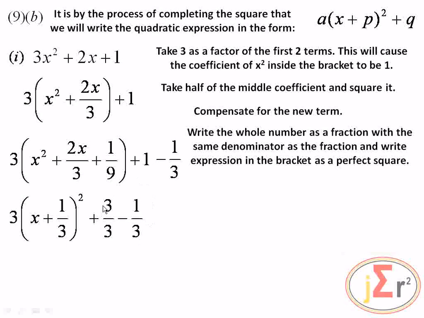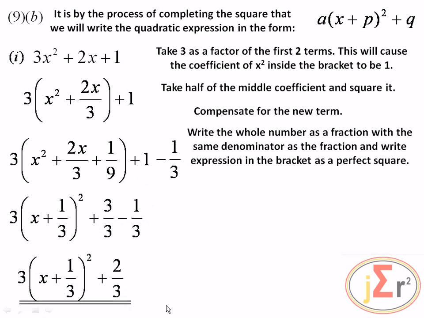And of course, no difficulty in seeing that 3 over 3 is still 1. Only that the denominators make it easy to perform the subtraction operation. So we have 3 times (x plus 1 over 3) all squared plus 3 minus 1, 2. So that is 2 over 3.